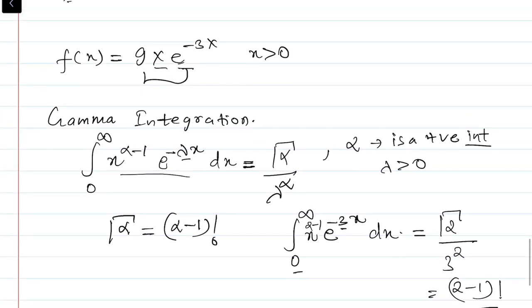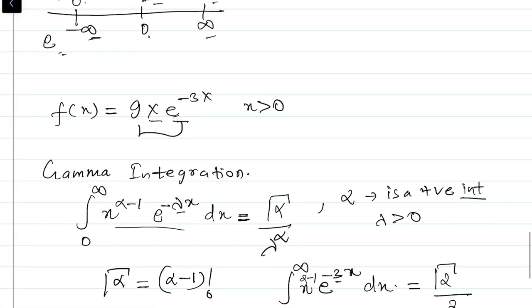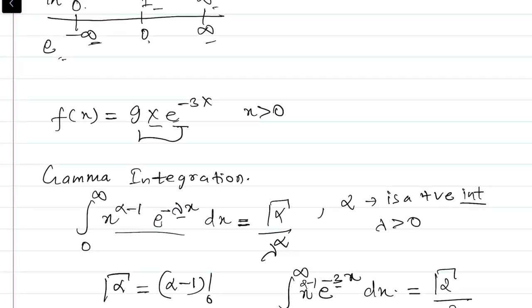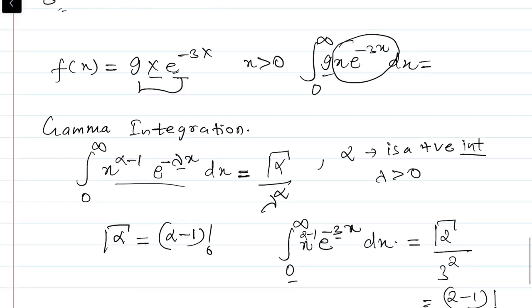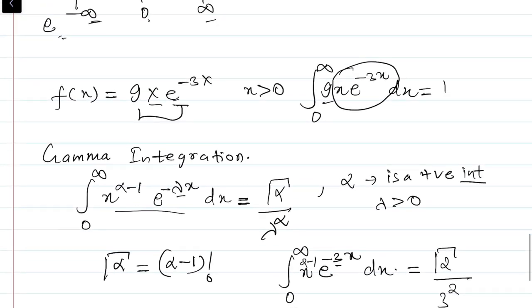So let's do the previous question. Now in this question the integration is 0 to infinity 9x e to the power minus 3x dx, and we already solved this part. This is the constant. So the answer of this part is basically 1 over 9 times the constant, which is 9.